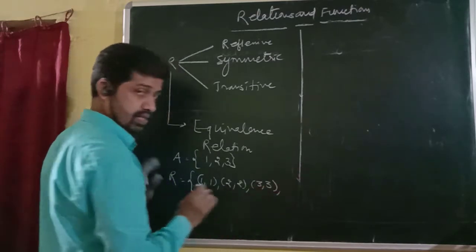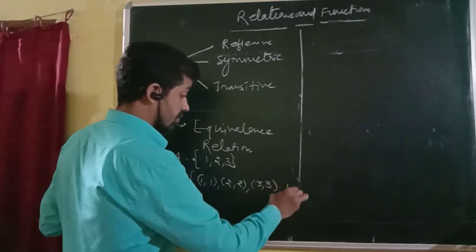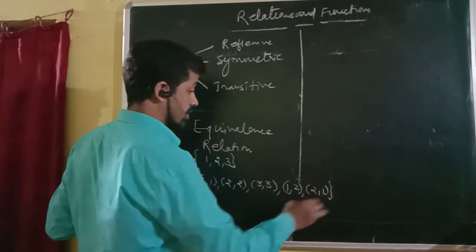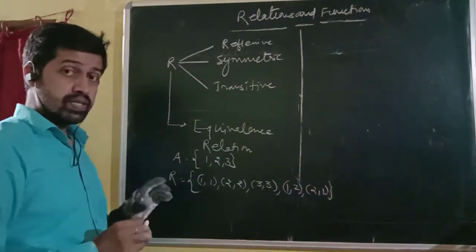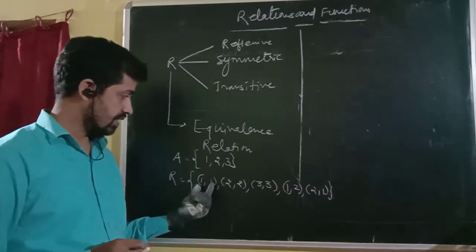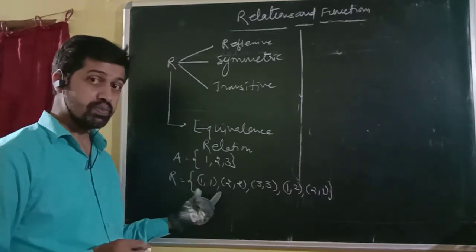So we will discuss in detail. Then (1,2), then (2,1). I am listing the elements in such a way that the relation becomes reflexive.